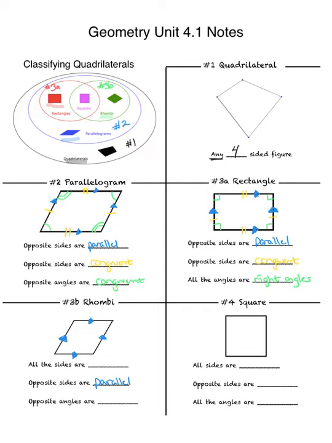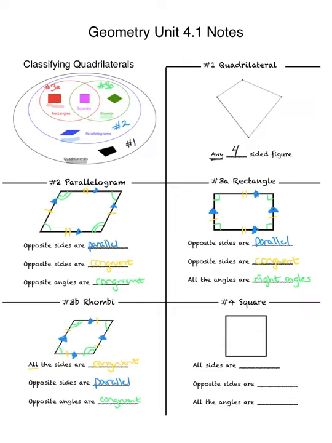All sides are congruent. So notice I'm using one single congruency marker because all four sides are the same length. If you go back to the rectangle, you see that I had my left and right sides as one length and my top and bottom as a different length. The last part, opposite angles are, well, we know that. That doesn't change. Congruent. This angle is congruent to this angle, and these opposite angles are congruent.